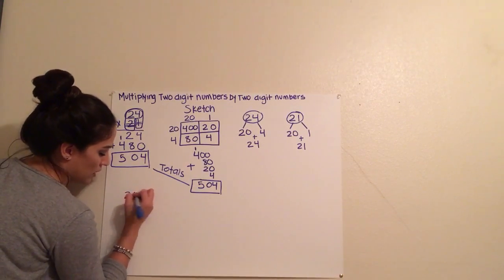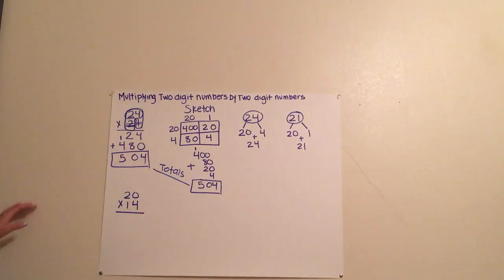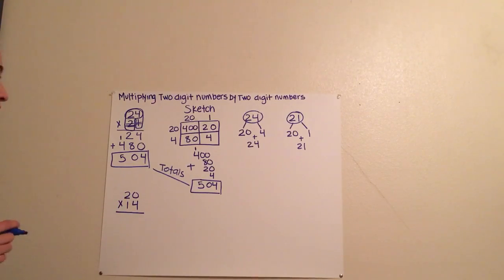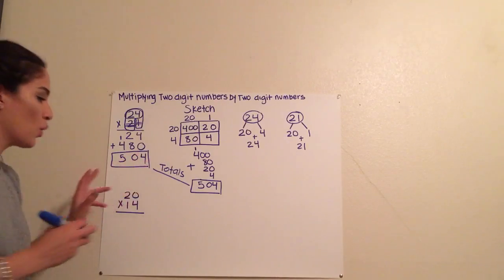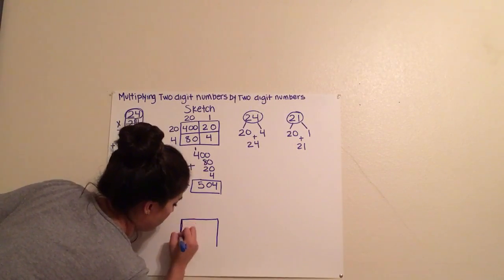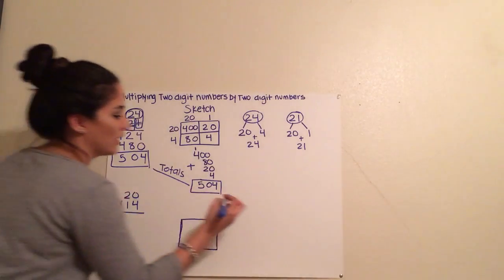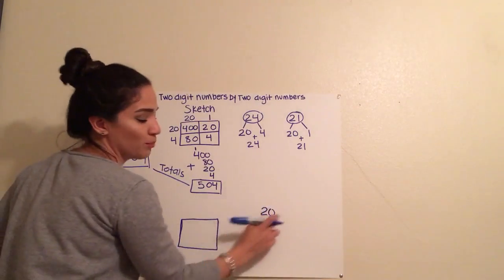20 times 14, right? So when we sketch this problem, when we're multiplying 20 times 14, instead of having 4 sections, we're only going to sketch 2 sections. The reason being, when we try to break apart 20, it's just a whole number.